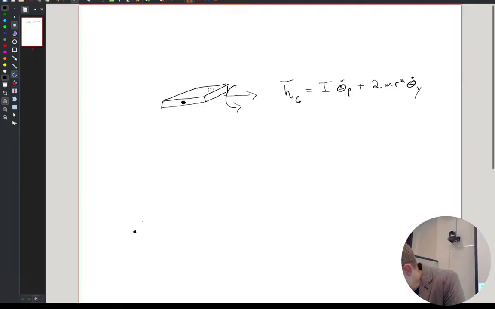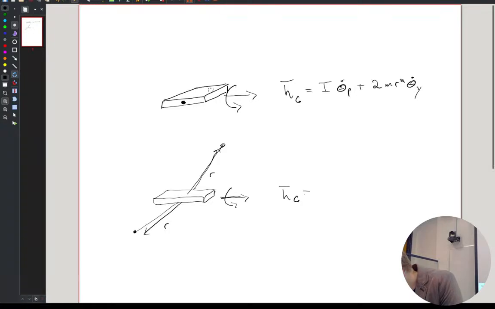Then as they get further out, H_G, the angular momentum, is still whatever I started with, but now it's I theta dot of the payload plus 2 m, with a much bigger r.